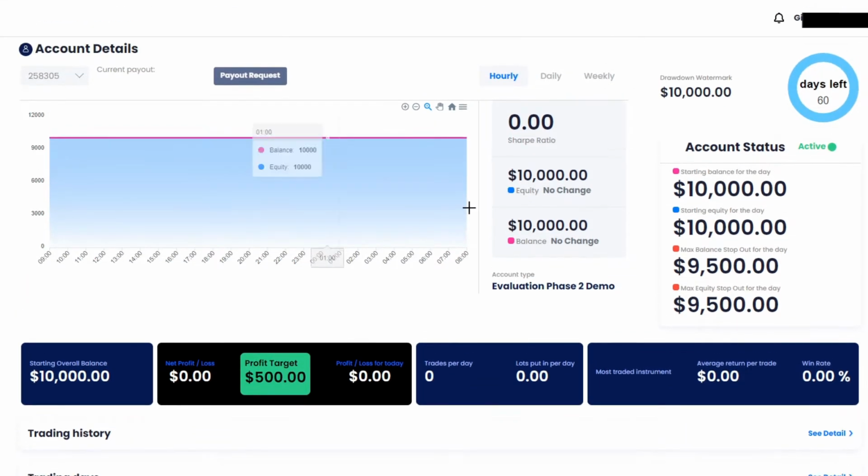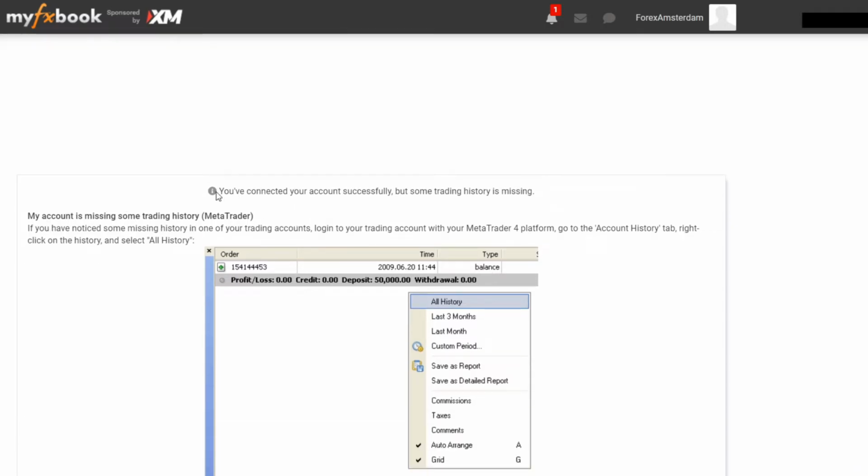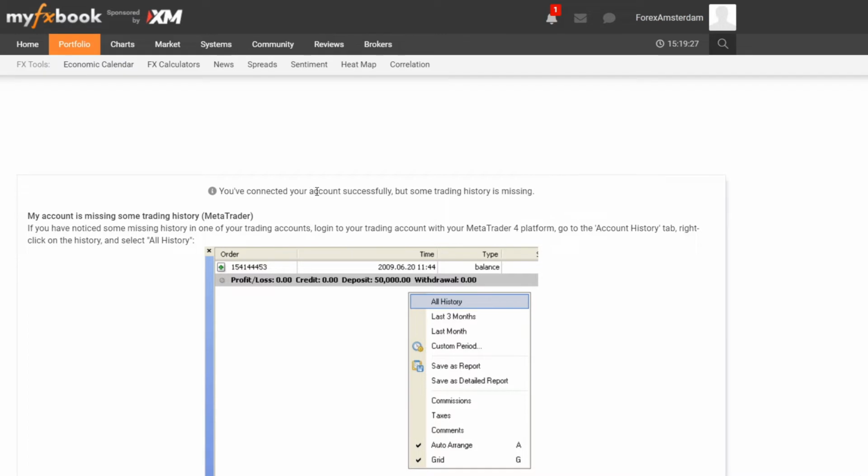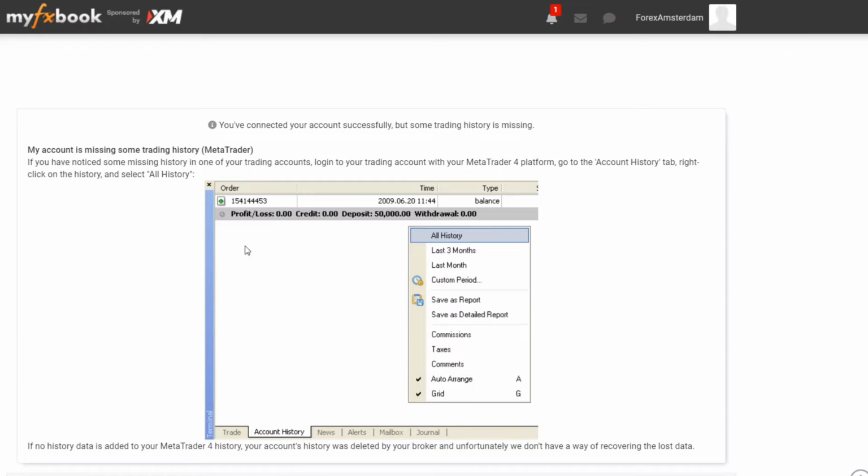So I tried to use my FX Book so that I can connect my myforexfunds account to my FX Book, but that didn't help either, because as you can see over here, it says you've connected your account successfully, but some trading history is missing. And then I have to go to the terminal and click on all history.